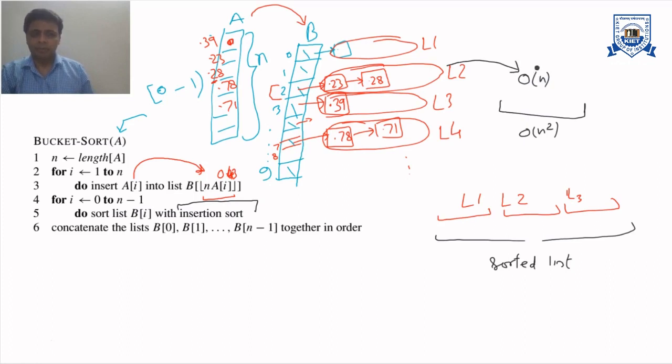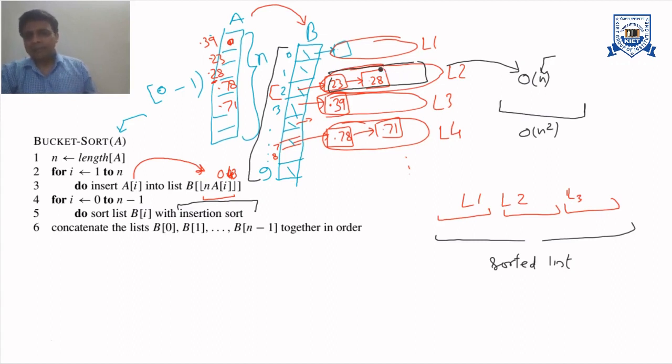But one more thing: n is the number of elements. Now here, if we are talking about n, this n is the number of elements only in this list and not all the data. So the number of data is limited and it is almost sorted.